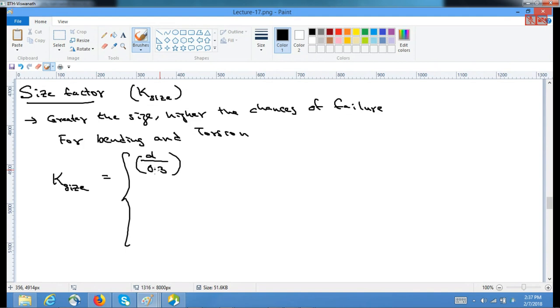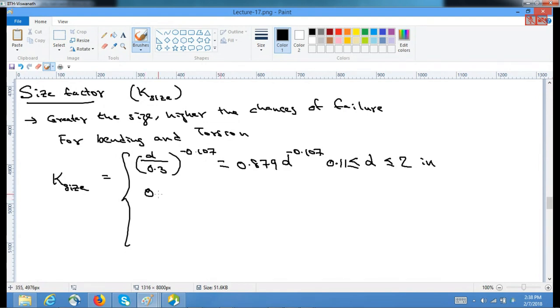This can be approximated as 0.879 d to the power of minus 0.107, when d is measured in inches and it is between 0.11 to 2 inches. The same thing can also be written in mm, but I'll give it later.